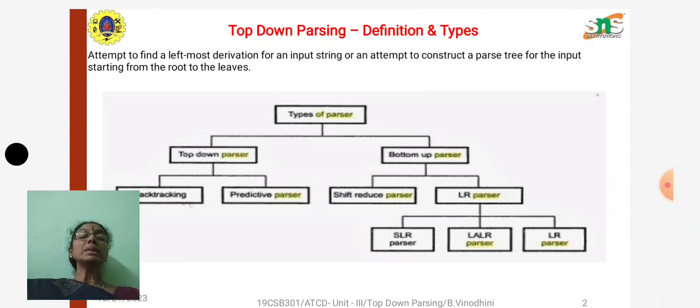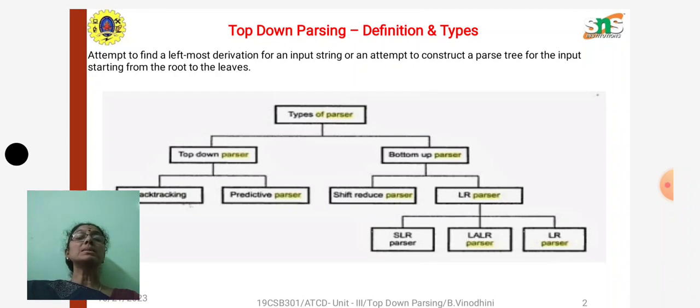Grammar is a collection of production rules. It is a combination of non-terminals, terminals, production rules and start symbol. From that start symbol we derive the input string. The derivations can be either leftmost or rightmost. Based upon that the parse tree is constructed. So that is called a top-down parser.